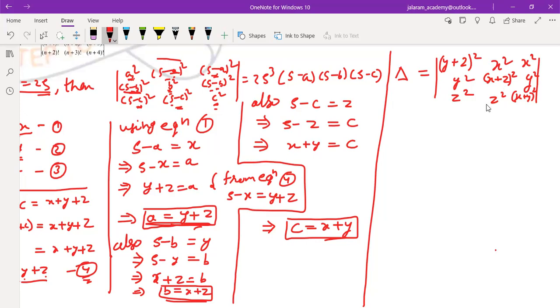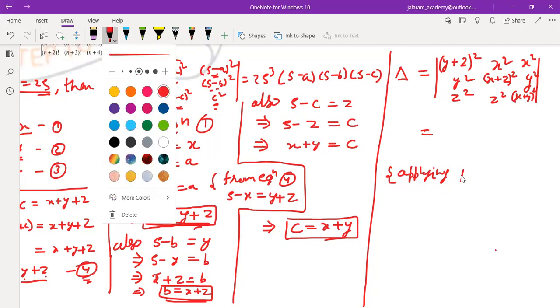Now if we keep in mind the formula of a square minus b square equals a minus b into a plus b, and if we apply C1, it will be better.